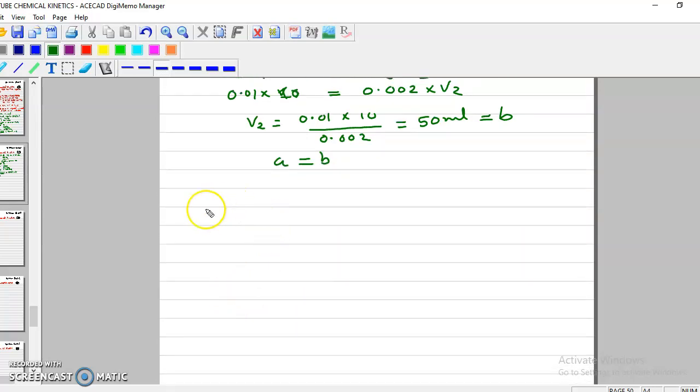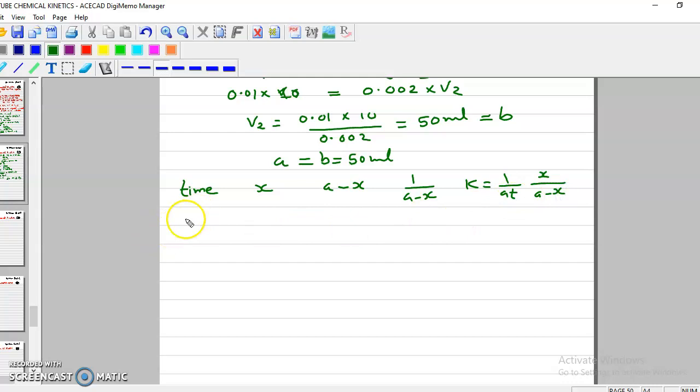we have to find out k using the formula of second order. So first of all, the table is of time, then burette reading x, then a minus x. Here a is equal to b is equal to 50 ml. Then we can have 1 upon a minus x, and then finally k is equal to 1 upon a t into x upon a minus x.